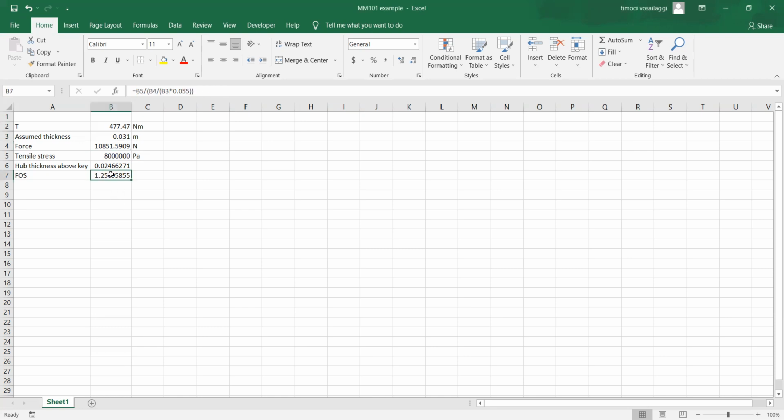So if you're interested in how to calculate the factor of safety, the equation is the yield stress divided by your force divided by your assumed thickness times your key length, 0.055 or 55 millimeters. So that's the equation that you would use to find your factor of safety.